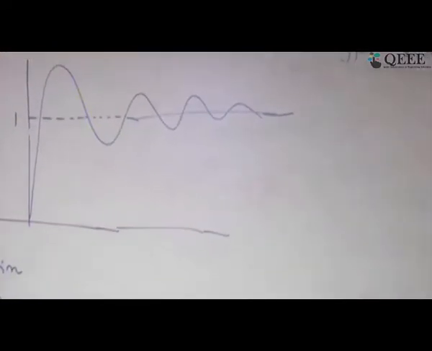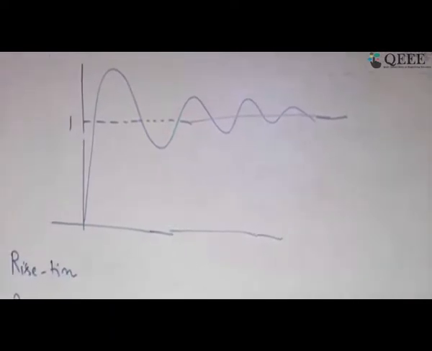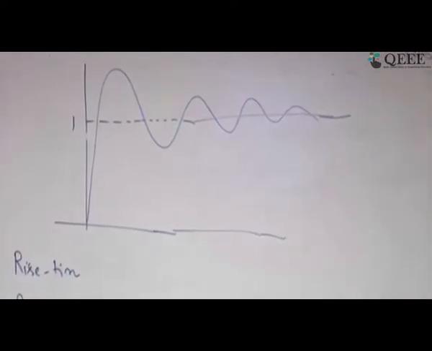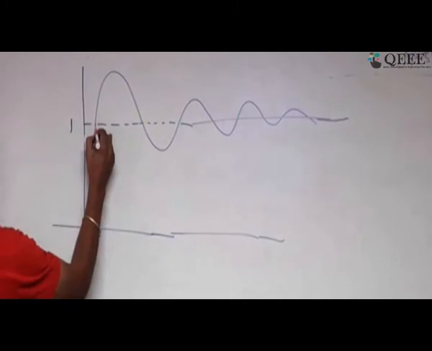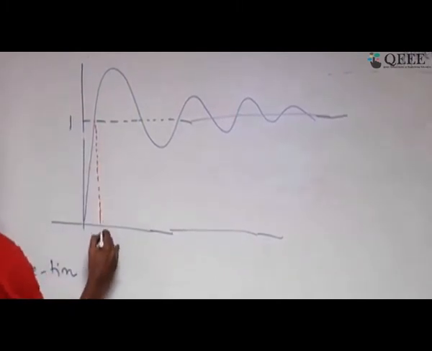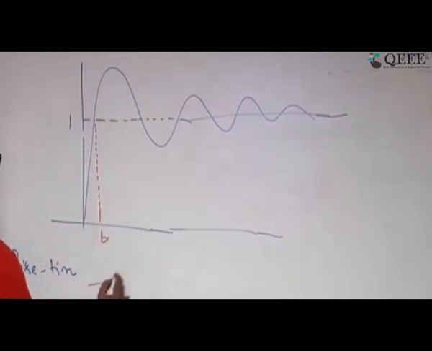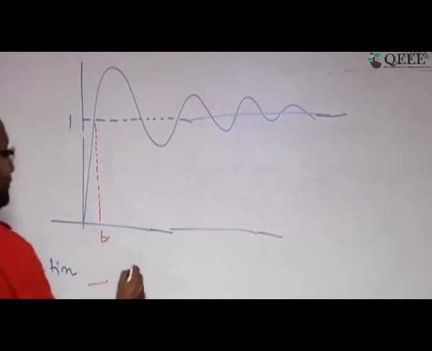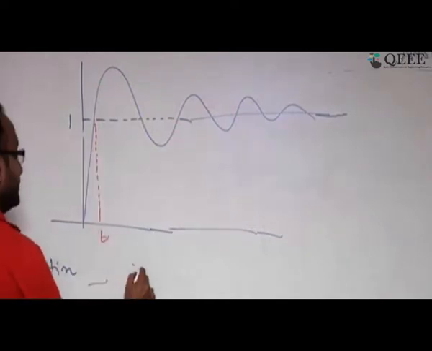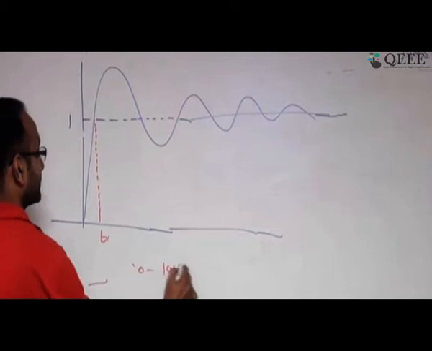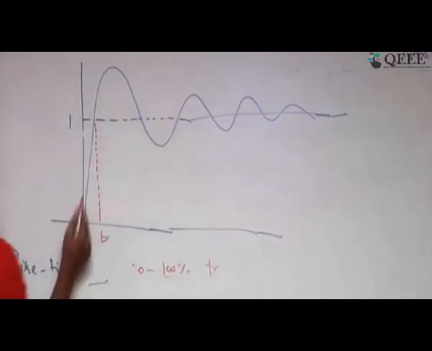Rise time. Rise time is the time required for this value to reach from 0 to 100%. That is called rise time. What is the time required for this response to reach 1?